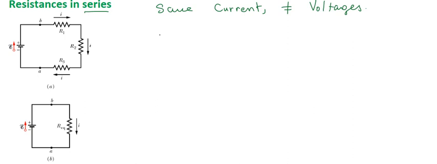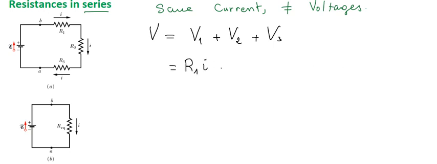So the total voltage V equals V1 plus V2 plus V3. And we know that a resistor follows Ohm's law. So V1 is R1 times current, the same current, plus R2 times the same current, plus R3 times the same current, and this is V.